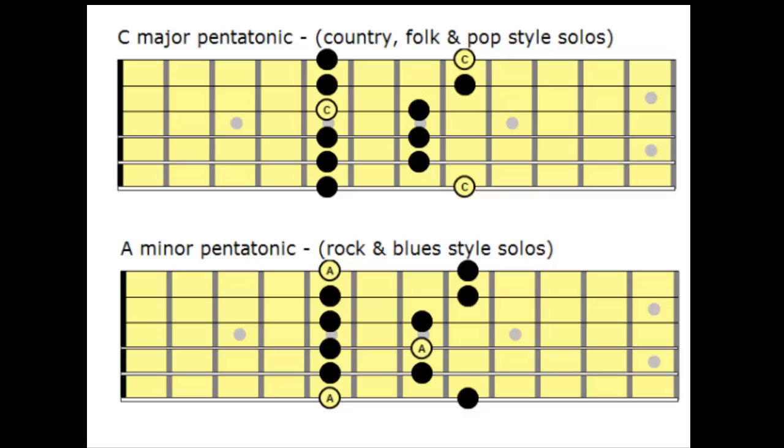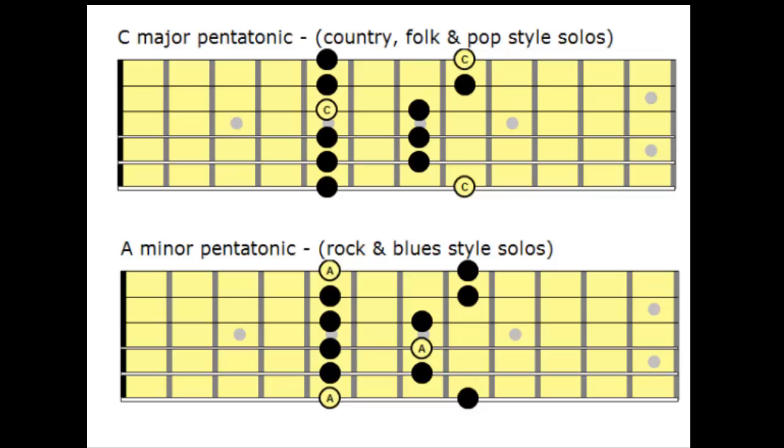Now it's time to take a look at the minor pentatonic scale and its application. Whereas the major pentatonic can be used for lighter types of music, the minor pentatonic is used primarily for the darker sounding or more brooding style of music, rock, blues and so on. So what we can say is that this one fingering pattern serves a dual purpose.